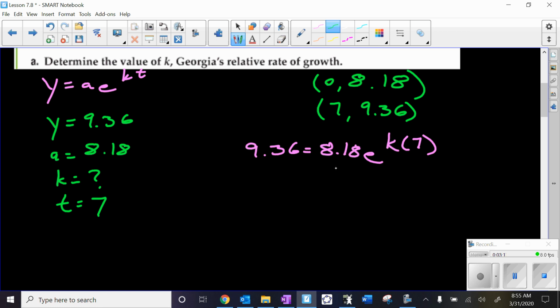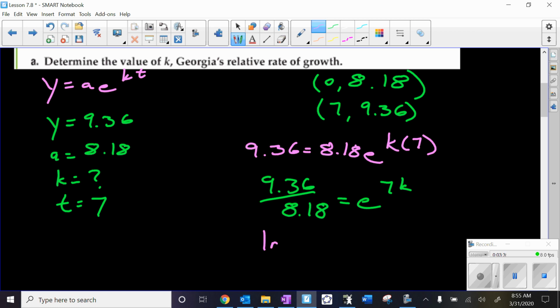So I'm going to divide both sides by 8.18. I'm going to show the division without actually doing any of the division. So now I have this, and I'm going to rearrange. I'm going to put the number first before the variable. And now that you have the base e by itself, you may take the natural log on both sides.